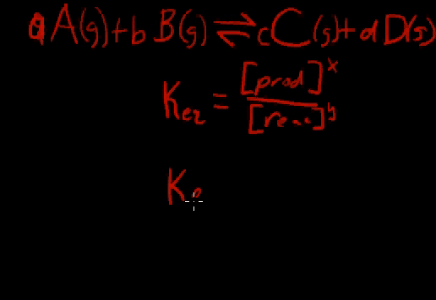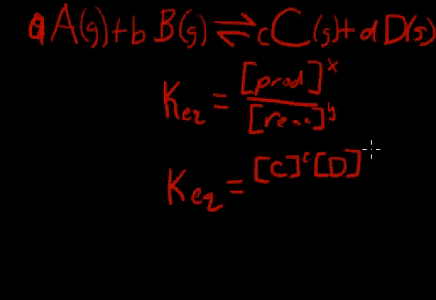So the way that this works is it's the product of the concentration of each of our products. So we're going to multiply the concentration of C raised to its exponent, lowercase c, times the concentration of D raised to its exponent, lowercase d, divided by the reactants.